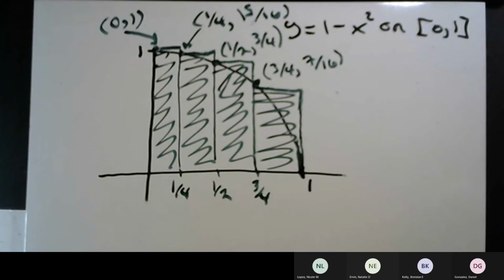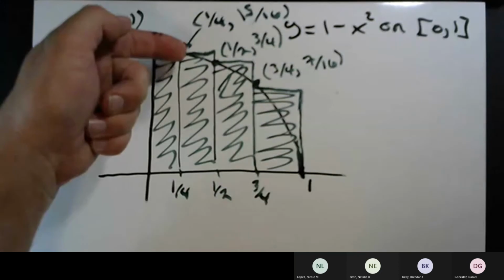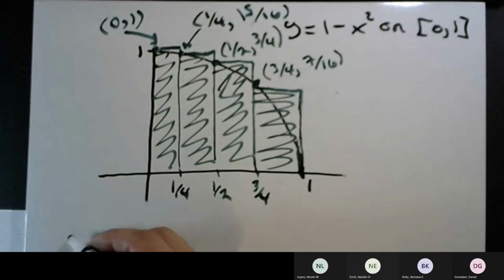Now, when we approximate the area, again, base times height, base times height, and the base is always 1/4 in this case.